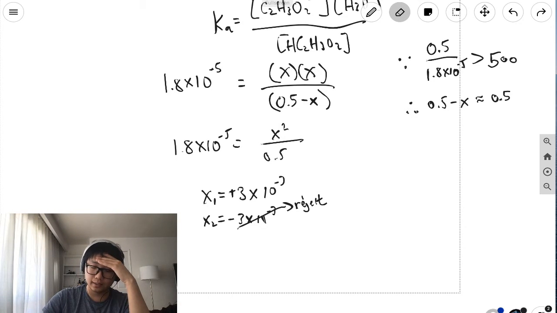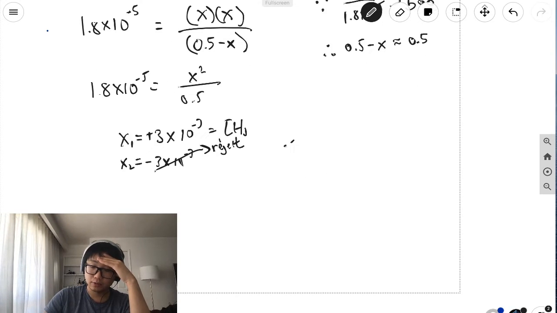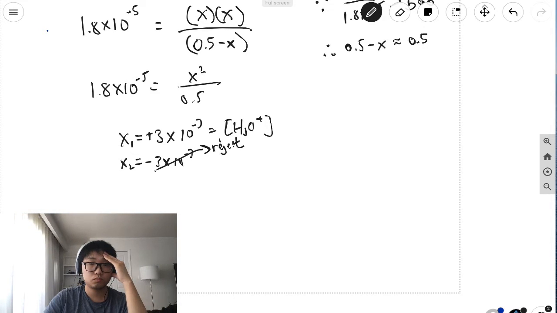So if we're saying X is equal to that, we're also saying that H3O plus has that concentration, right? And I think you can take over from here pretty much. Because if we have the H3O plus, how do we get the pH? You can tell me the steps to get it, so I'll leave you alone to do it.